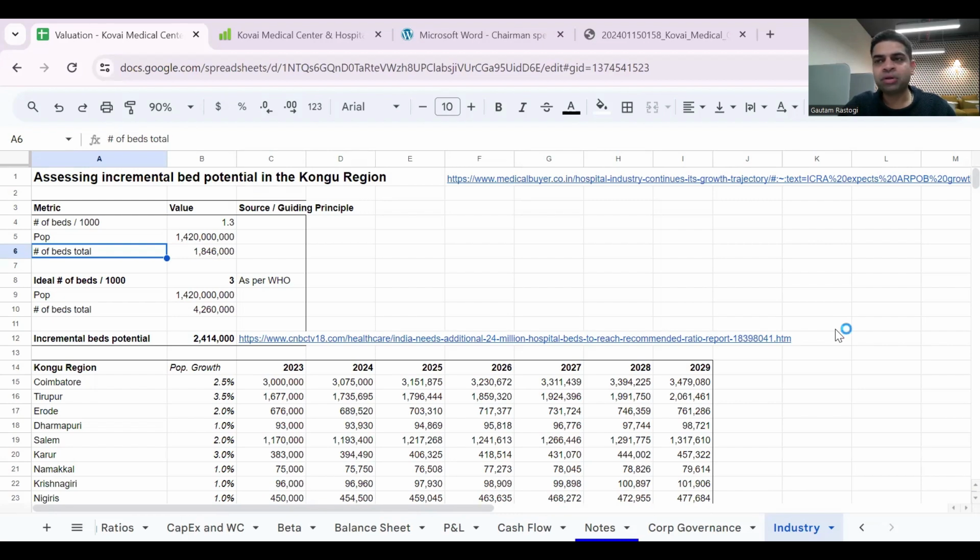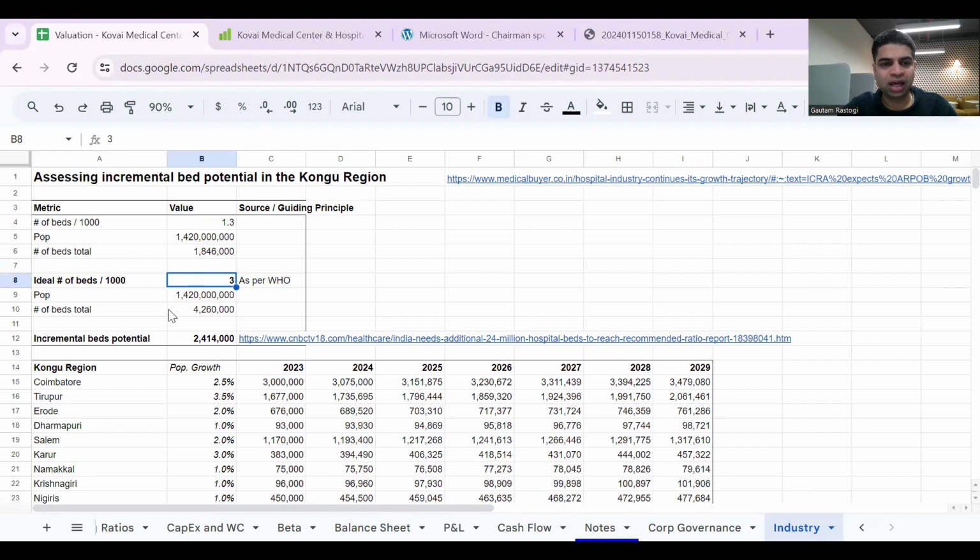And remember that we saw a few metrics when we were discussing the industry in the previous module. One of them was that the number of beds per thousand people in India is around 1.3. And so the total number of beds in India is around 18 lakh 50,000. As per WHO, the ideal number of beds per thousand is around 3.